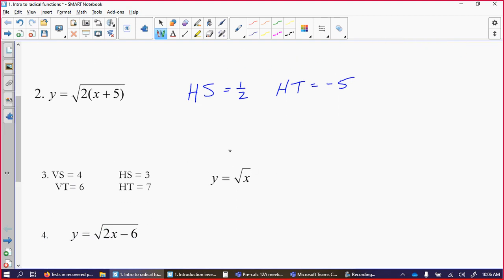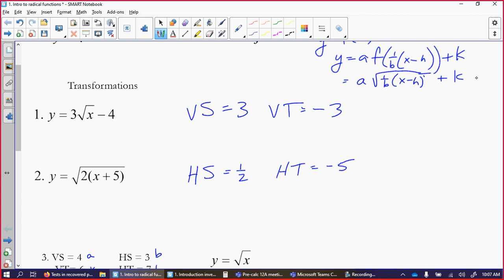So if we have a base function of y equals the square root of x, and here are our transformations: vertical stretch is a, our b is 3, our k, and our h. Can we put that into this equation?